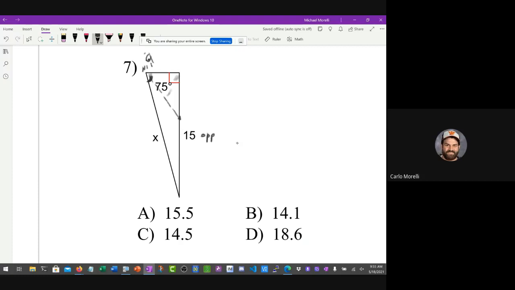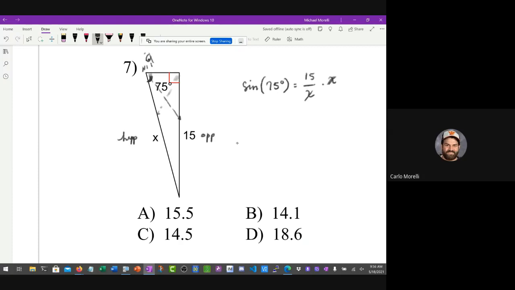From the perspective of the right angle, x is the hypotenuse. Okay? Opposite and hypotenuse is sine. So we're going to write out the sine of 75 degrees is equal to 15 over x.